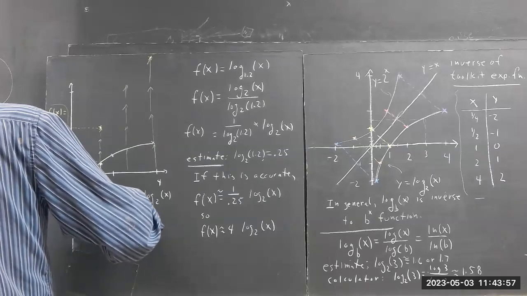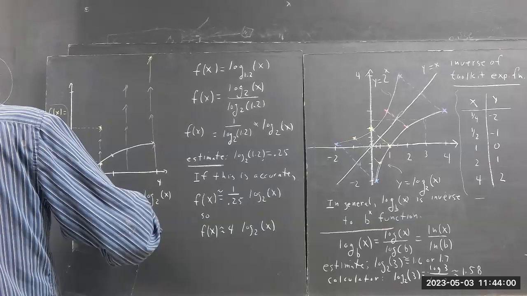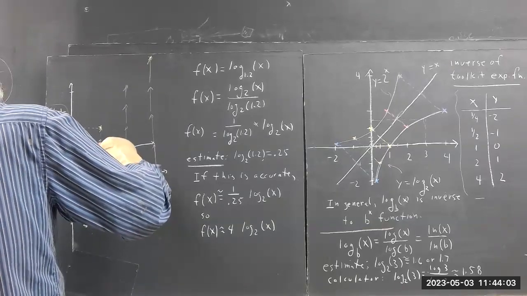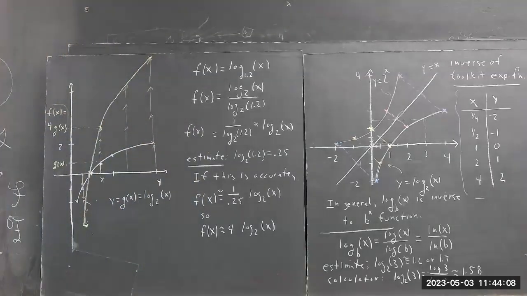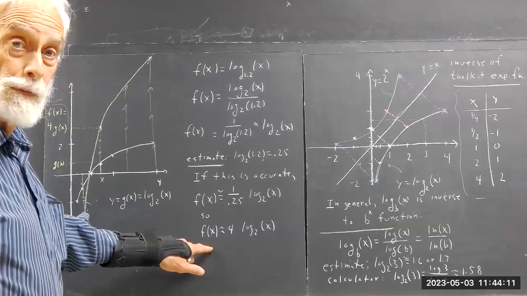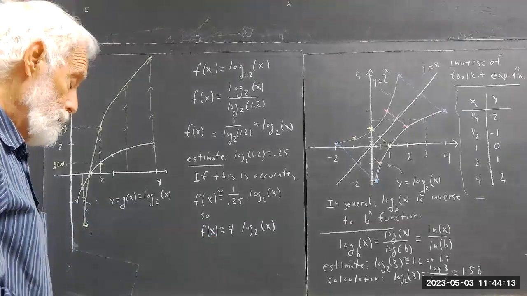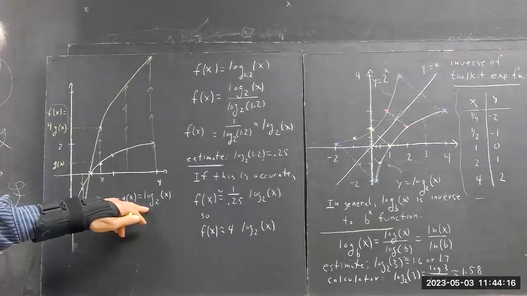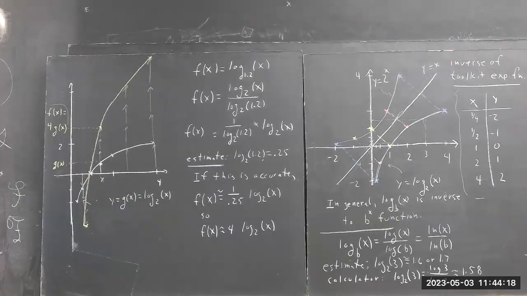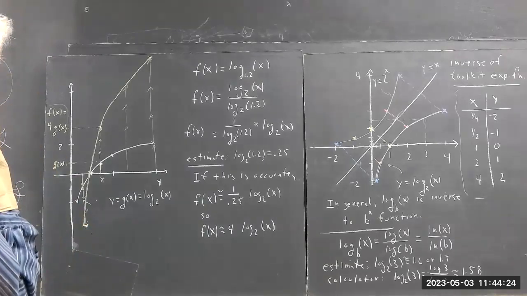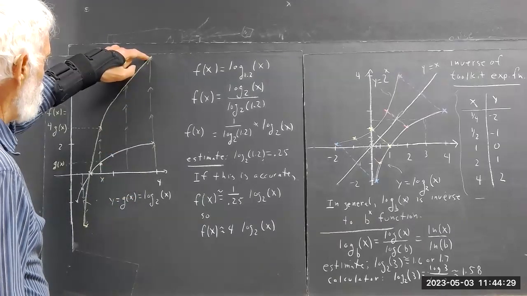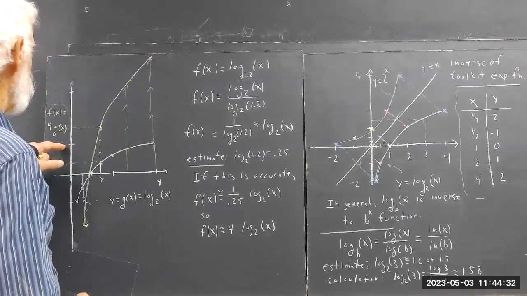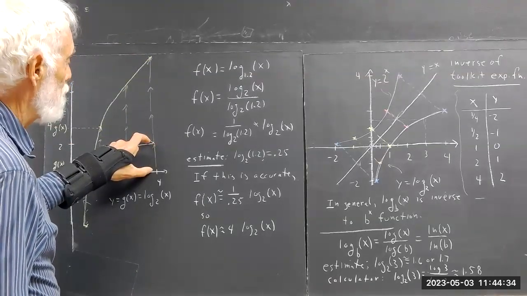Then I can take these green X's. And I haven't done a great job of positioning these, but I get a graph of my f of x function. Okay, it's a vertically stretched version of the log base 2 graph. So now I can do estimates. Now I said that this point should have value 2.